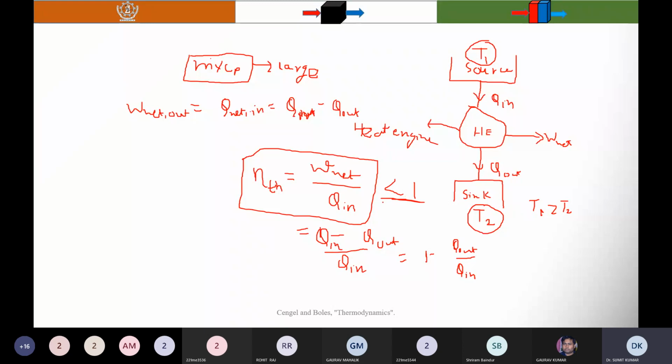Okay, so this equations is I will write, then I will ask. Roll number 3567. 3567 Akshay.